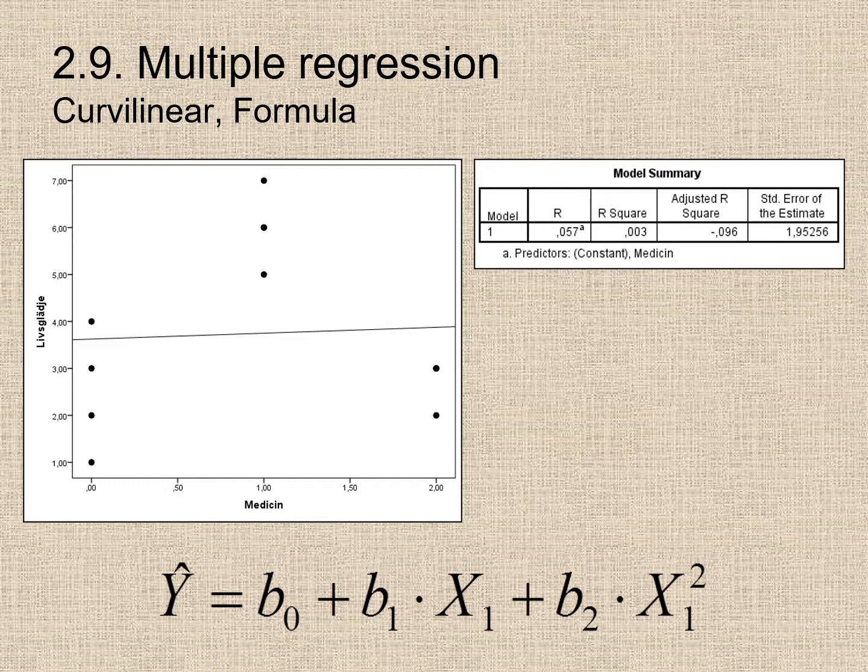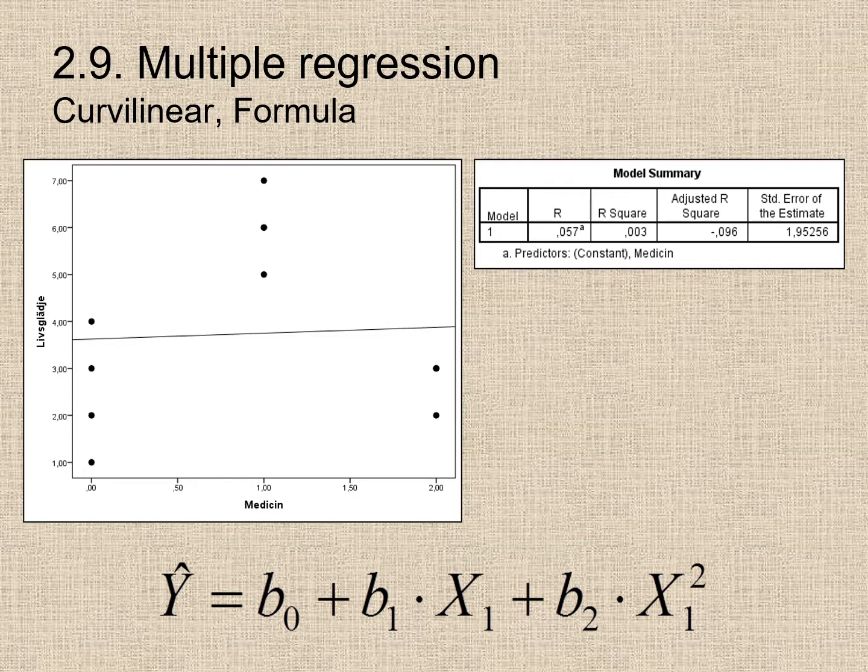So that's how we fit a curve to the data. So let's have an example here. So we have amount of medicine, level of life satisfaction. So we take those values, medication, and we square them. And that's what we get.